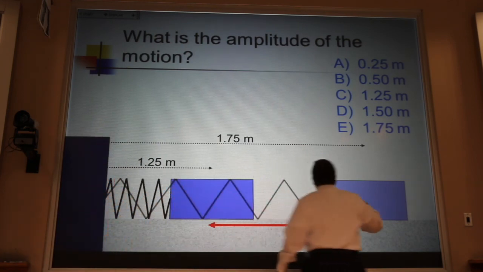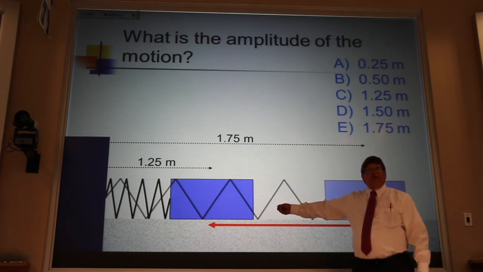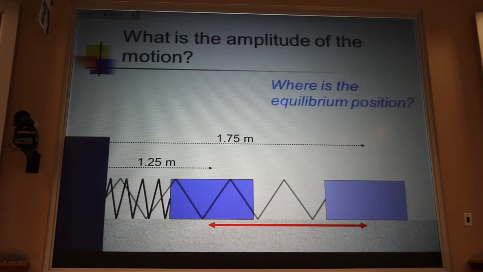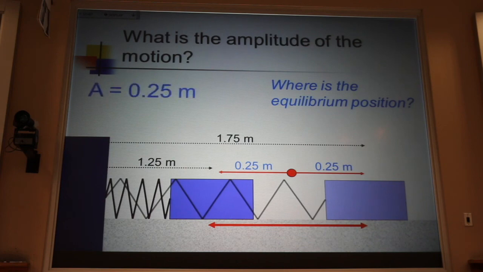When the spring is stretched, it's pulling to your left. The only place where the spring is neither pushing nor pulling is right in the middle, between the two turning points. At that point, the spring is just exactly the length it was when it came out of the box from the factory. Now, the biggest distance it gets away from that equilibrium point is 0.25 meters, and that's the amplitude, 0.25 meters.